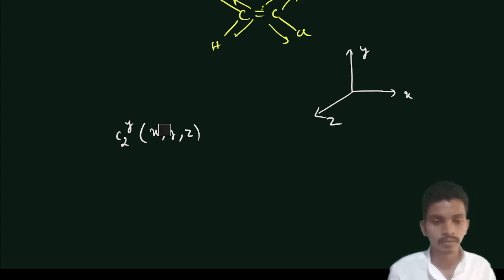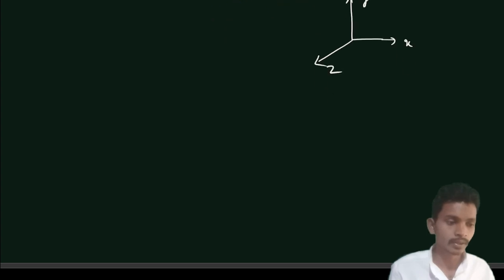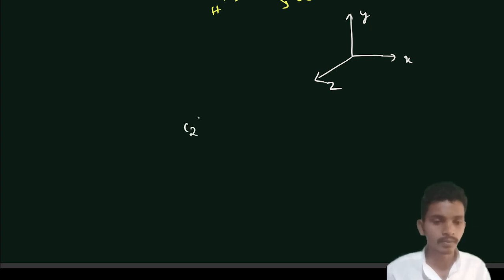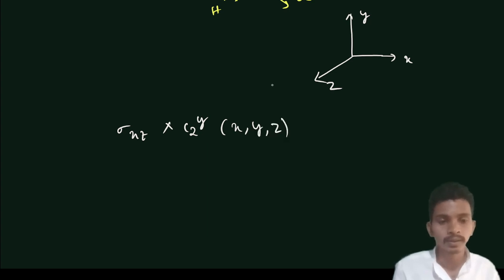Let's discuss a little bit more. Say I apply C2y and then sigma xz to x, y, z. Then what will I get? With C2y, y is there, so that will not change. Other things will change.